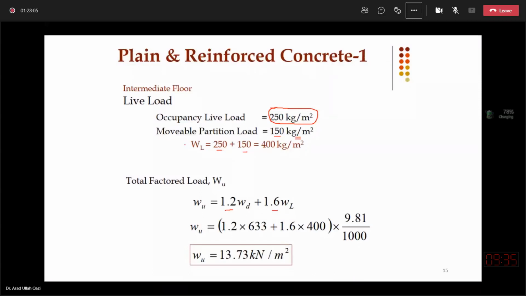So in some cases, you may put the partition load along with the dead load to get the load factor 1.2. Here they are quite conservative in selecting the movable partition with the live, because when you are putting something with the live, it means you are getting more load factor for that.